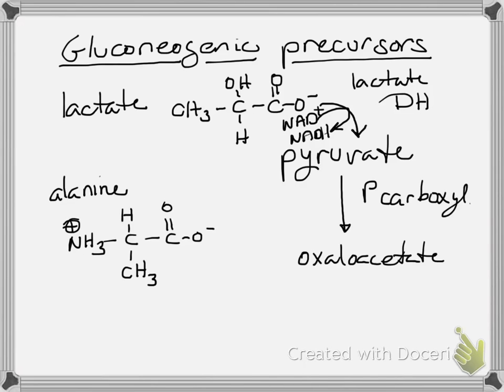But with alanine, we have to take one step and process this nitrogen. And processing this nitrogen is going to be done by what's called a transamination reaction.